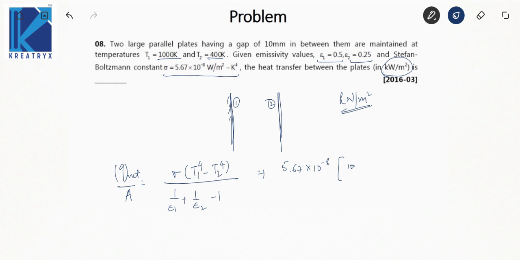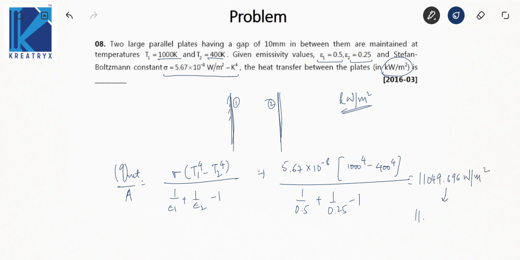T1 is 1000 raised to the power 4 minus 400 raised to the power 4 upon 1 upon 0.5 plus 1 upon 0.25 minus 1. You will get the answer in watt per meter square, which will be equal to 11049.696 watt per meter square. Convert it in kilowatt per meter square, that is 11.049 kilowatt per meter square. Direct formula based question. Remember this formula, it's an important equation.